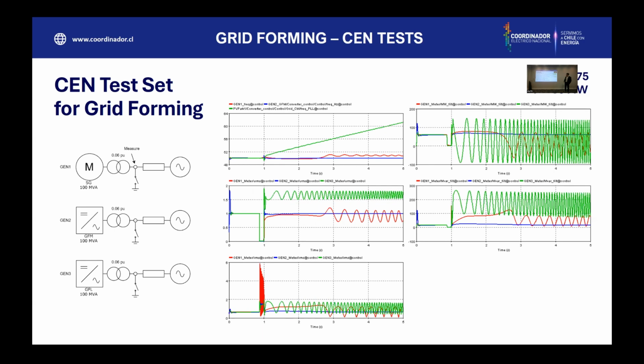This is also, I remember, 0.75 short circuit ratio, but with less power. 60 megawatts, because we're reaching critical voltage permanent stability. And in this case, also the grid forming can maintain its set point. Pretty good results actually.